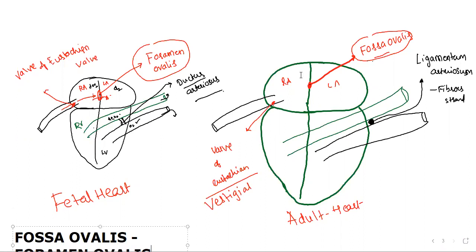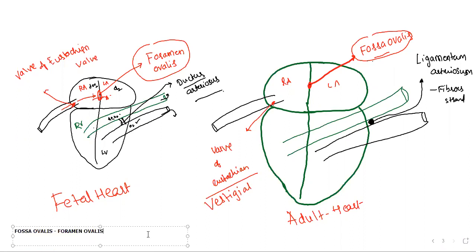That means you just link them up and you can easily understand. We also learned about the valve of Eustachian, and how it became a vestigial valve in the adult. That means it does not have any specific function. That's why we said the valve of Eustachian became vestigial.